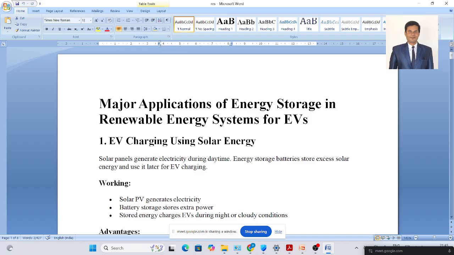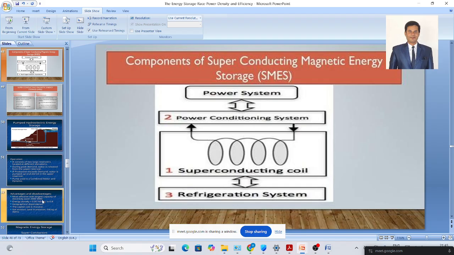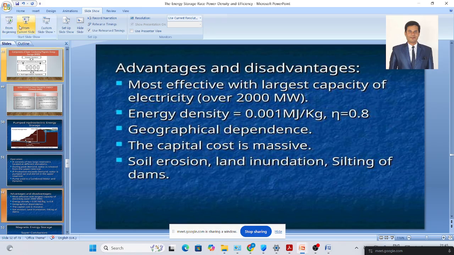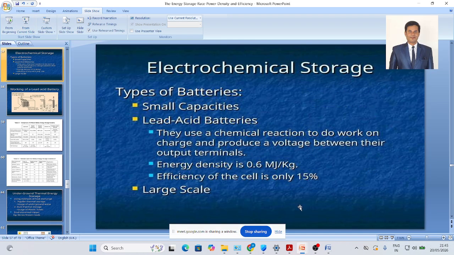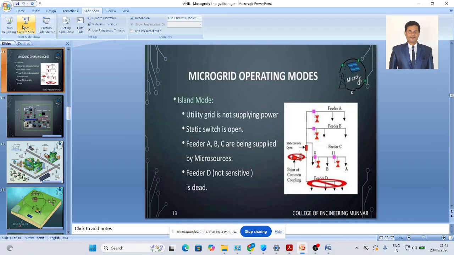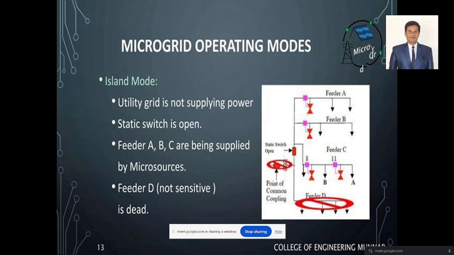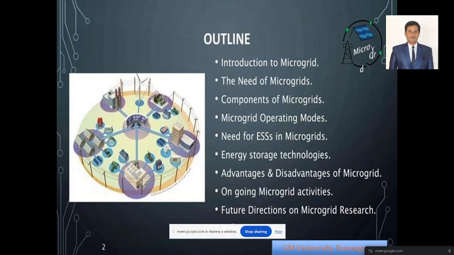These are the major applications of energy storage in renewable energy systems for your EVs as well as microgrids. All right, so we'll see about microgrids.